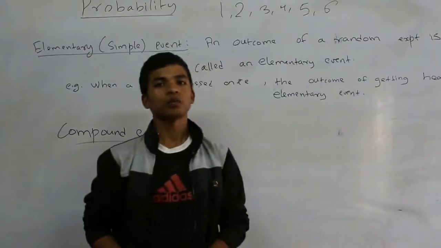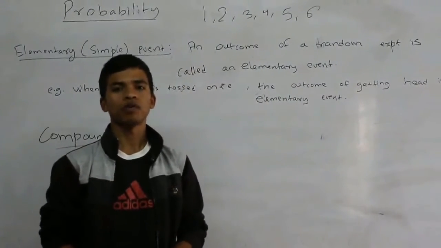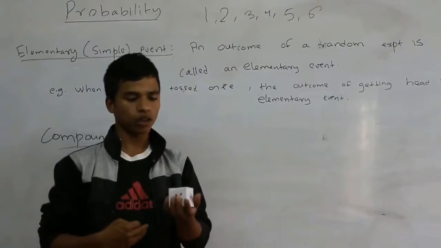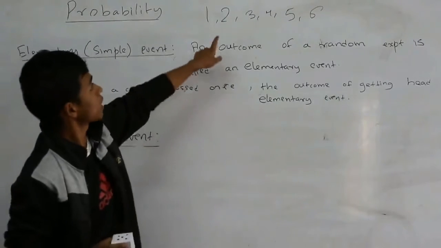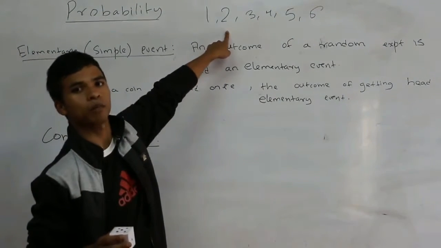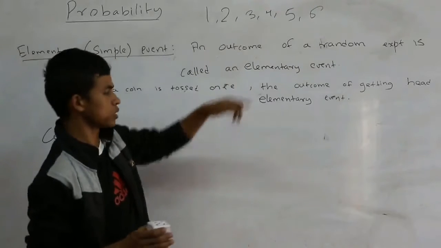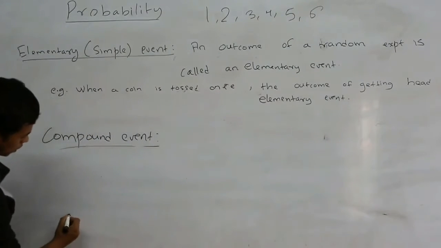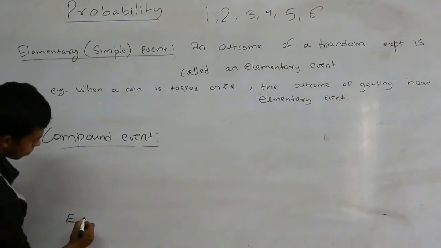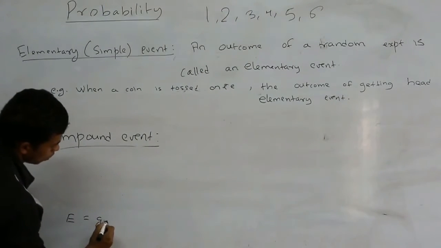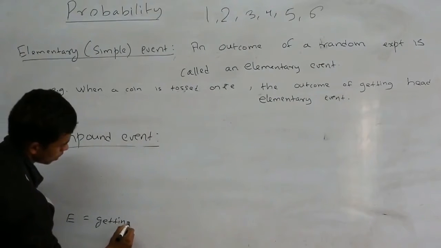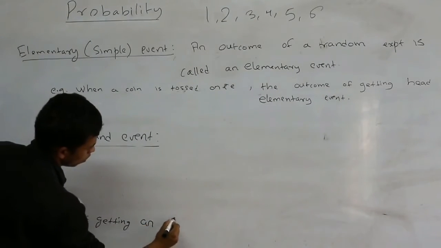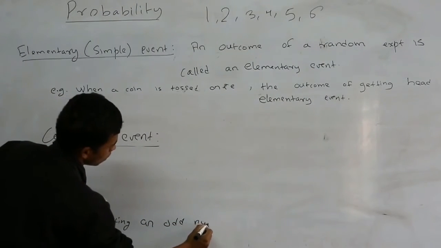Suppose again we take the example, when we toss this die once, then we can get any of these as the possible outcome. Suppose I define this event E as the event of getting an odd number.